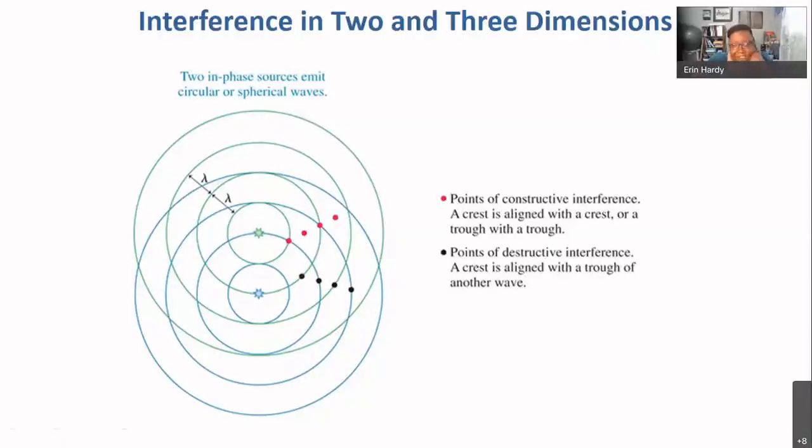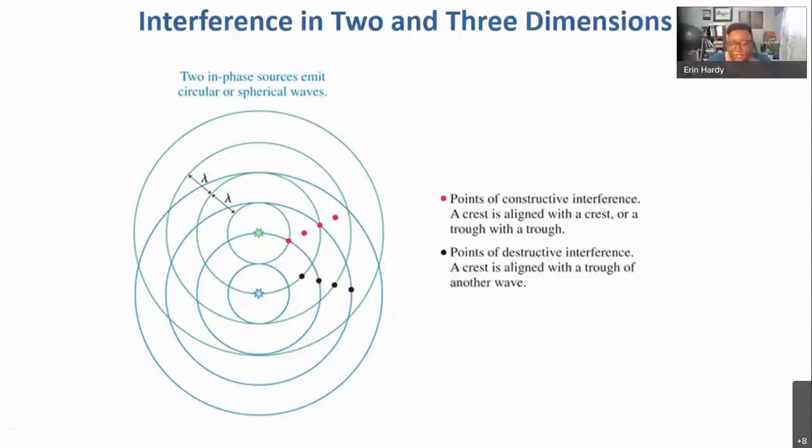So both of those count as constructive interference. If we have one or the other, so a peak from, let's say, the green signal matched up with a trough from the blue or vice versa, then we have destructive interference, where these are going to add up to 0.